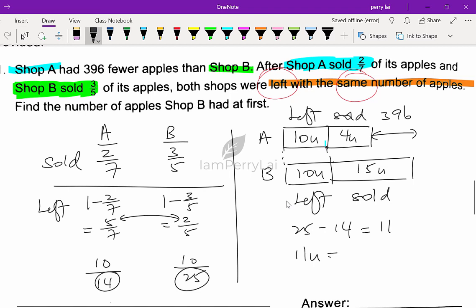Yes, no careless mistakes there. And then you can find the 1 unit. And they want the number of apples shop B had at first. So what shop B had at first is everything that is sold plus everything that's left. That's what he had at first in shop B. So then you can find your answer. Alright.